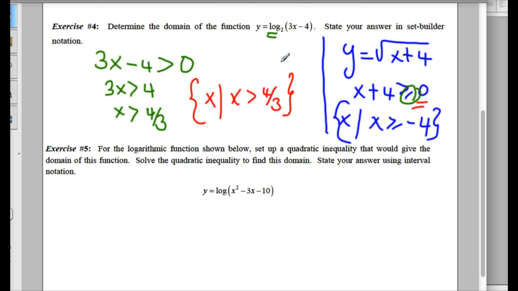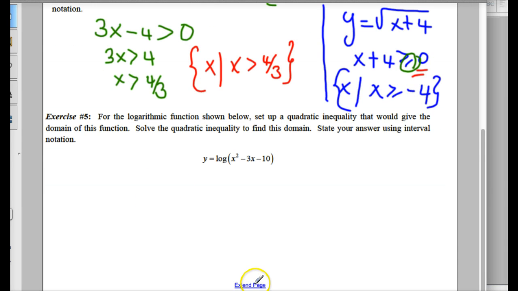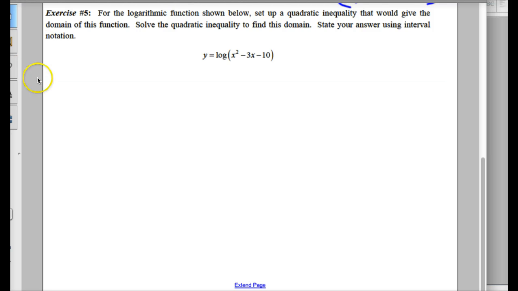Now, what about number 5? If we have the same thing, it says solve the quadratic function. I want to find the domain. So in order to find the domain, I need to go ahead and solve this quadratic function. Here, x squared minus 3x minus 10 has to be greater than 0.